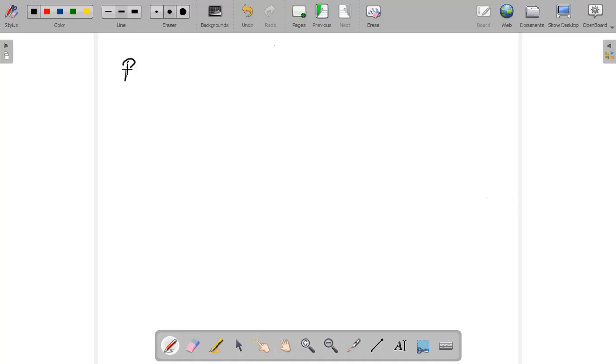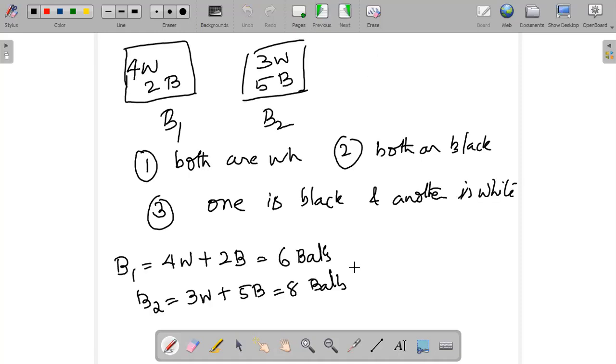So the probability of white and white: 4 by 6, and 3 by 8.